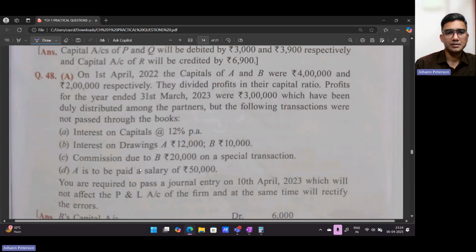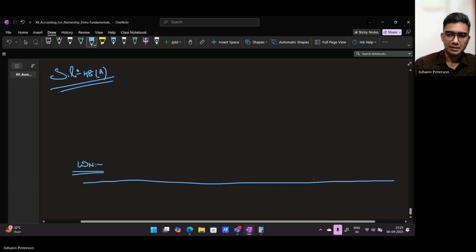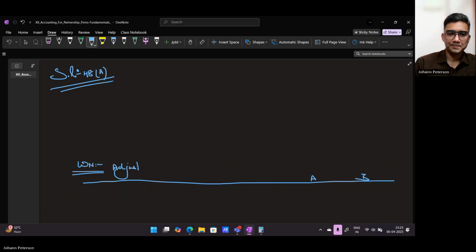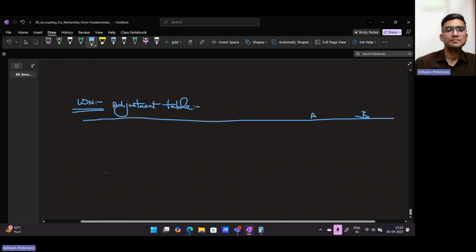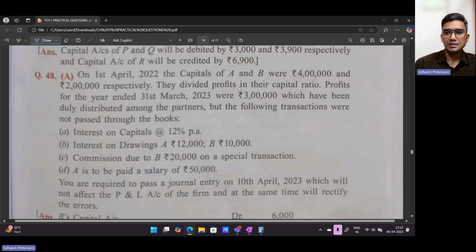We have two partners, A and B. So it says we have divided profits in their capital ratio.